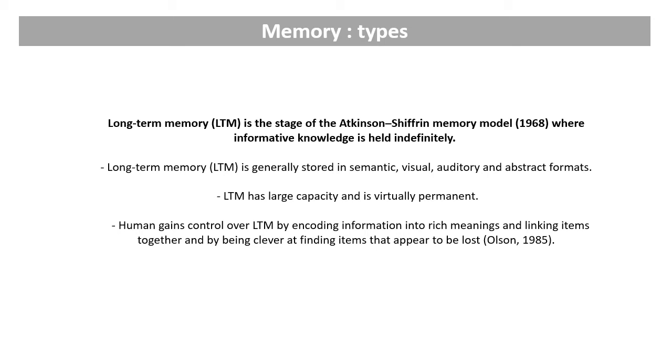And humans can exert control over long-term memory by encoding the information into rich meanings, linking terms together, and also by being clever at finding items that appear to be lost. So for example, if there is some piece of information you want to put in long-term memory, you can link it with other similar information, and that also helps long-term memory.